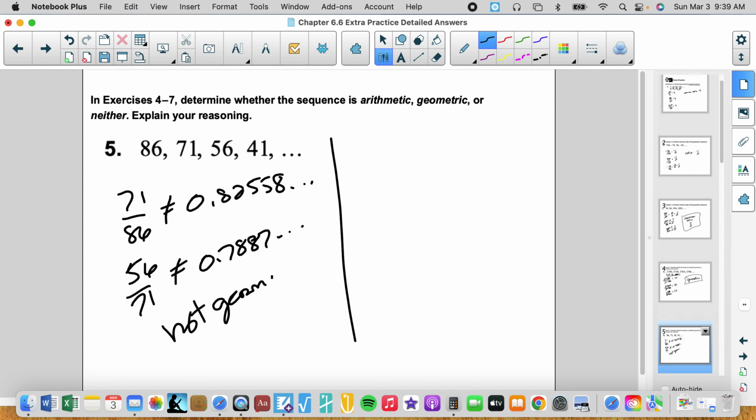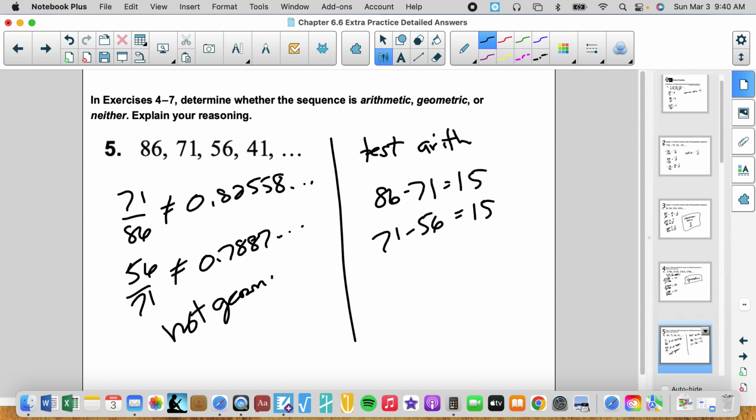Now I'm going to test for arithmetic and look at the differences. 86 minus 71 gives me 15, 71 minus 56 gives me 15, and 56 minus 41 gives me 15.